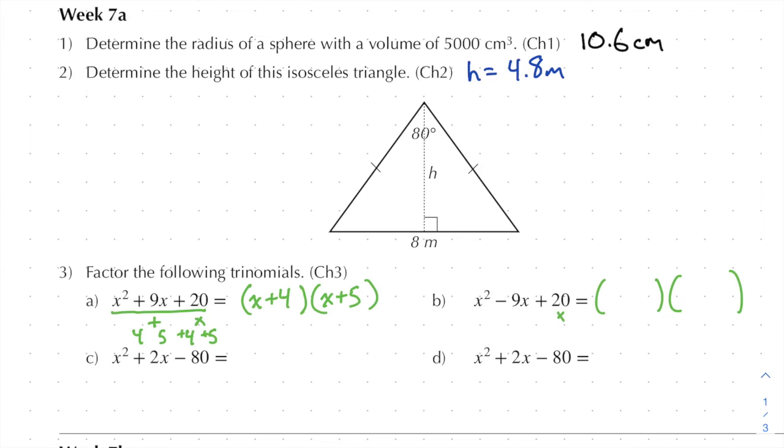Again, I need to think, what multiplies to 20 but adds this time to negative 9? Well, it's going to be 4 and 5 again, but it has to be negative 4 and negative 5. So in this one, I'm going to get x minus 4 and x minus 5.